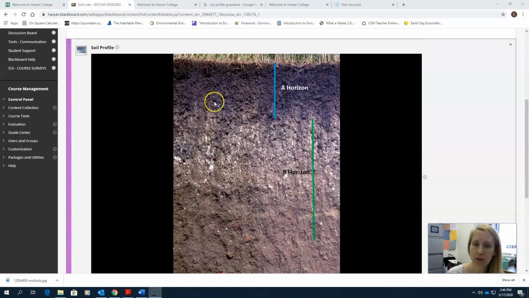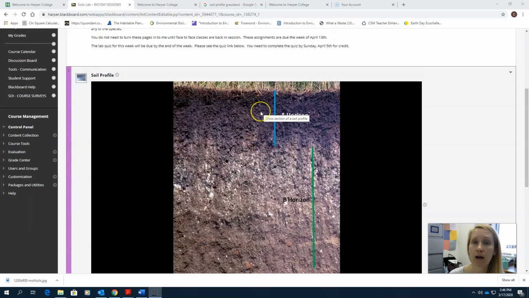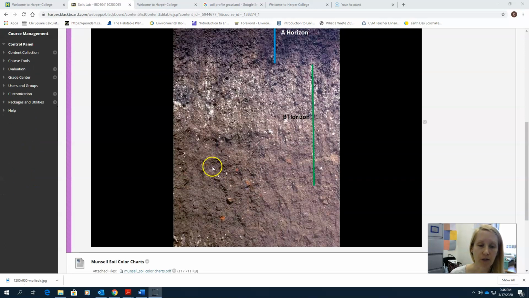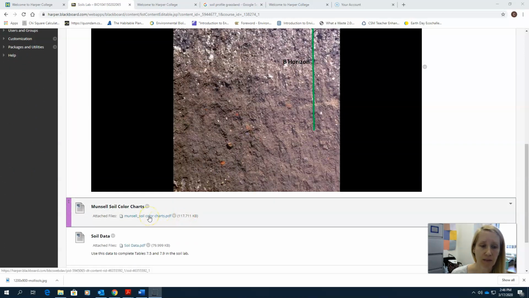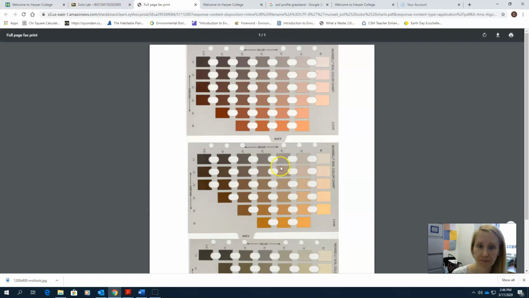What I would like you to do with this soil profile picture is try to figure out the Munsell color of the A horizon and the B horizon. So I have provided these color charts, which I know is going to be a little tricky to do. I understand, just do your best.